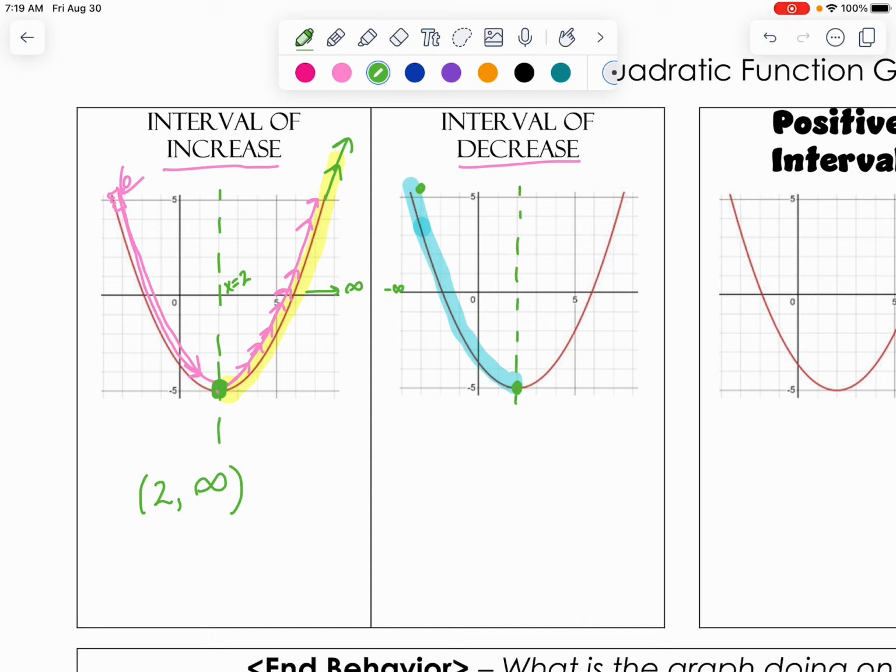So our graph decreases starting from where the graph begins all the way to the left at negative infinity. And it stops decreasing when it gets to this turning point here at x equals 2. So those are the intervals of increase and decrease for this graph.